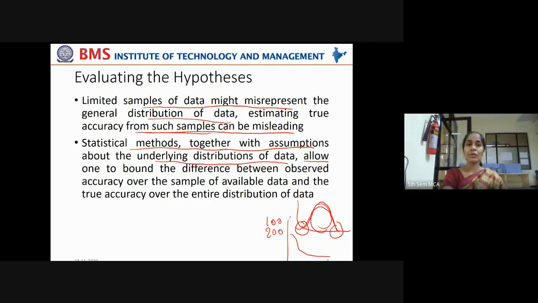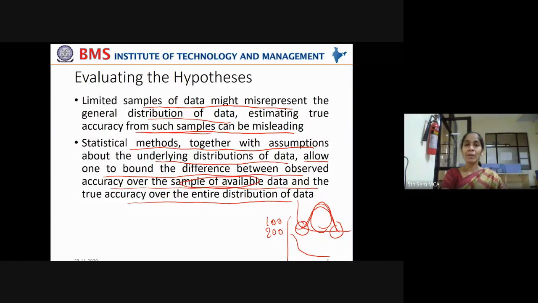It allows one to bound the difference between observed accuracy over the sample of available data and the true accuracy over the entire distribution of the data. It means it helps us to limit the difference between observed accuracy over the sample of available data and the true accuracy.